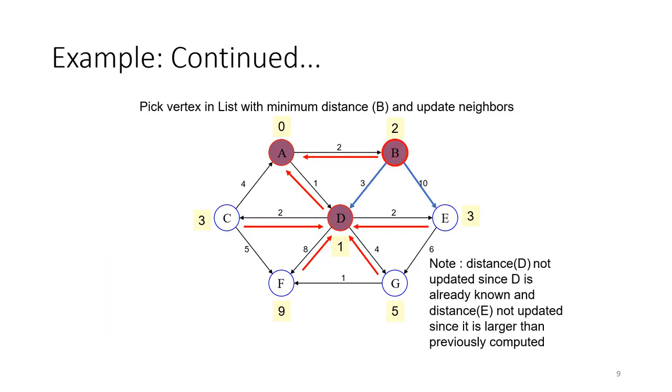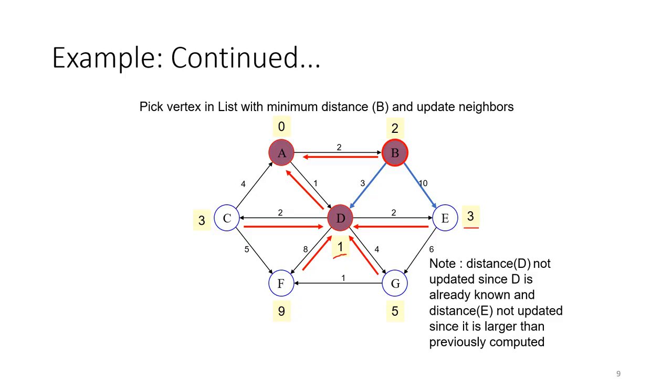Now after picking B, again we have 2 outgoing arrows which can go from B to D and B to E. So we will see now, initially from A to D we can reach it in 1 unit, and from A to D and D to E we can reach in 3 units.